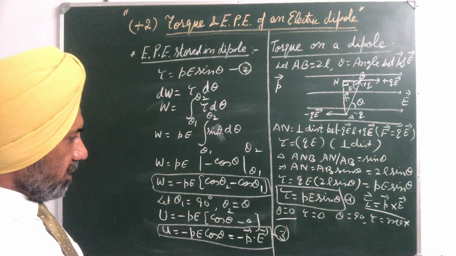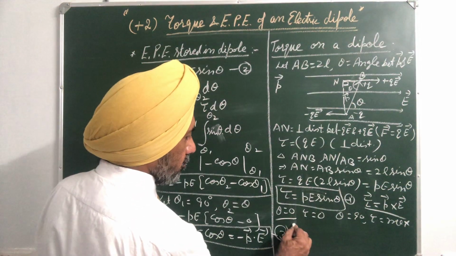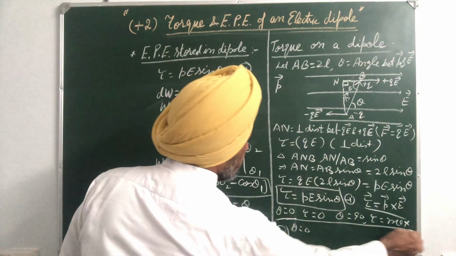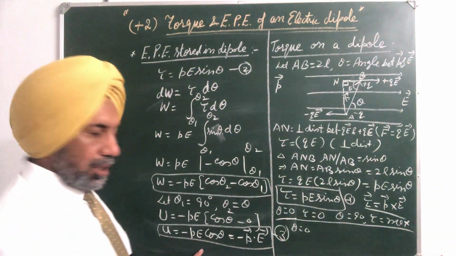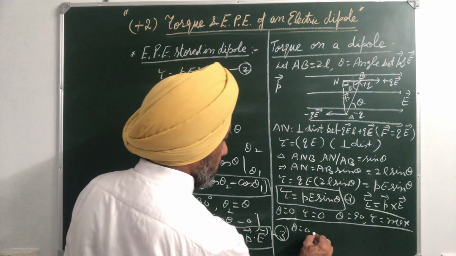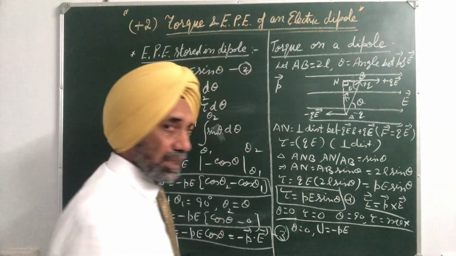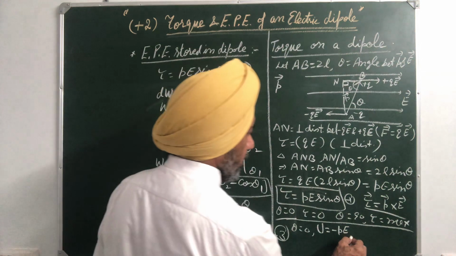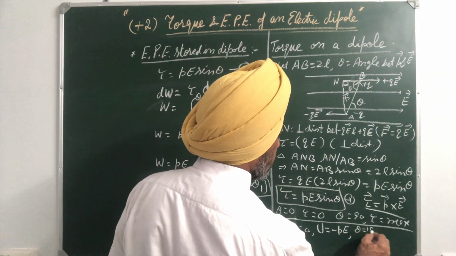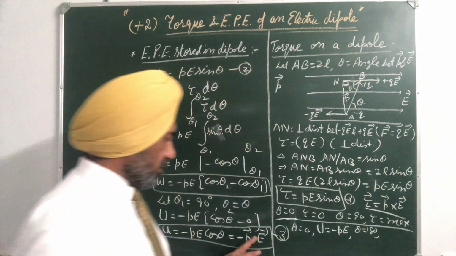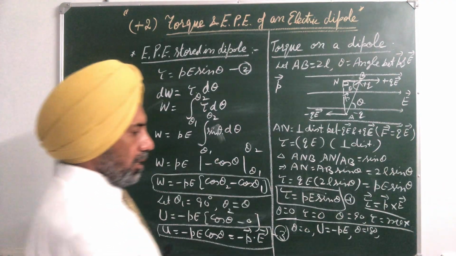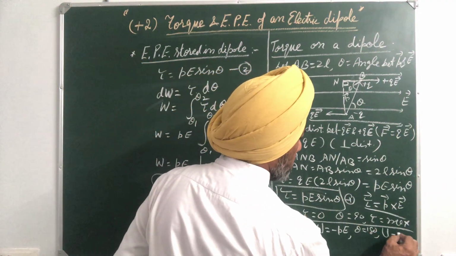So when theta is equal to 0, cos 0 is equal to 1, so potential energy will be equal to minus PE. When theta is equal to 180, cos 180 is equal to minus 1, so minus 1 is plus, and U will be equal to plus PE.